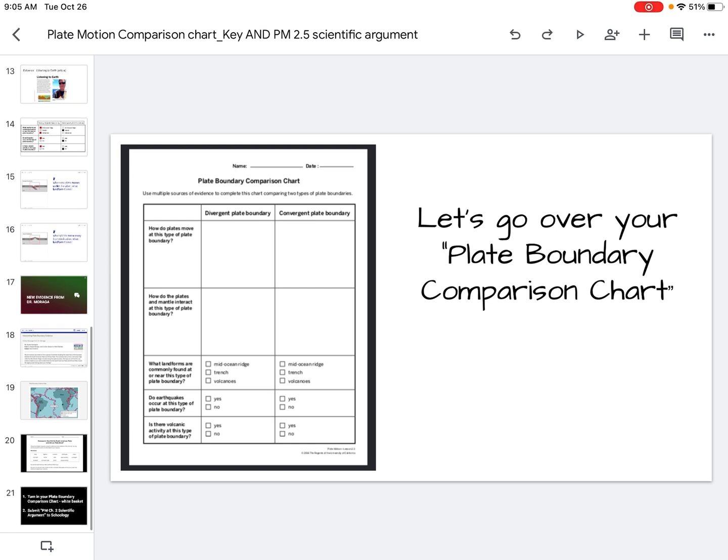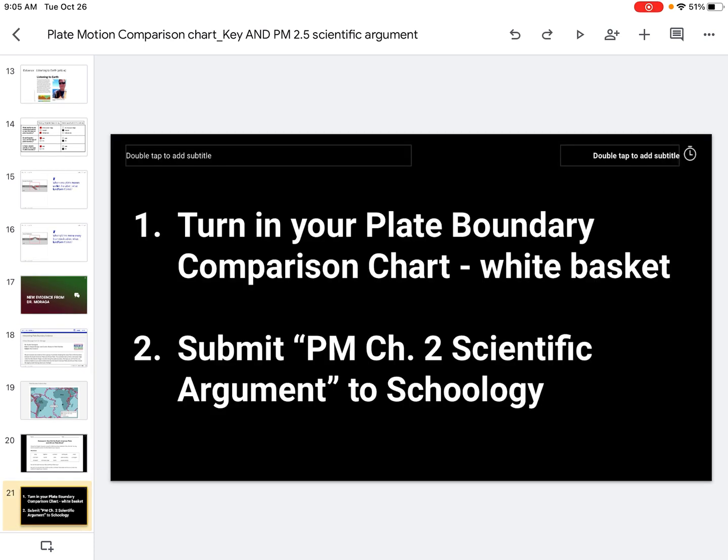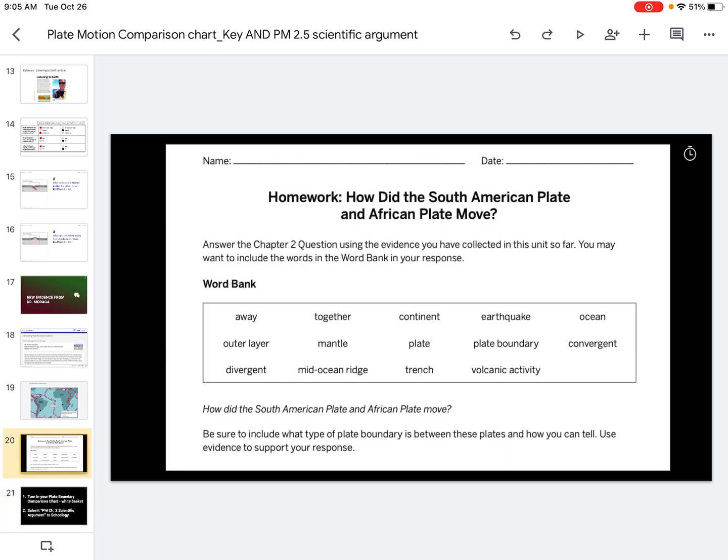And then the second thing I wanted you to turn in is your PM or plate motion chapter 2 scientific argument. And that's the thing that you guys did yesterday. I just wanted a good paragraph, use RACE to restate the question. How did the South American plate and the African plate move?